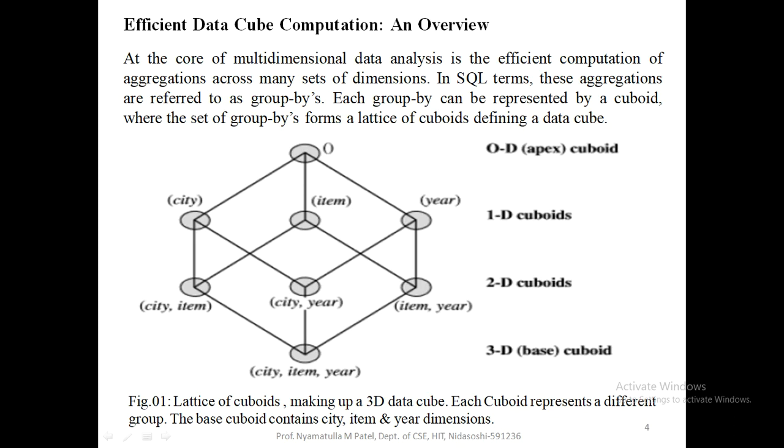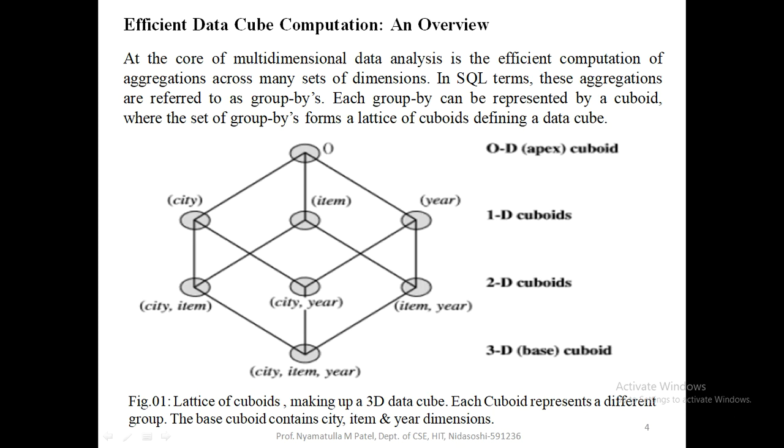Each group by can be represented by a cuboid, and a set of group bys forms a lattice of cuboids defining a data cube. So, when a set of group bys are combined, they form a lattice of cuboids, and this lattice of cuboids is called a data cube.